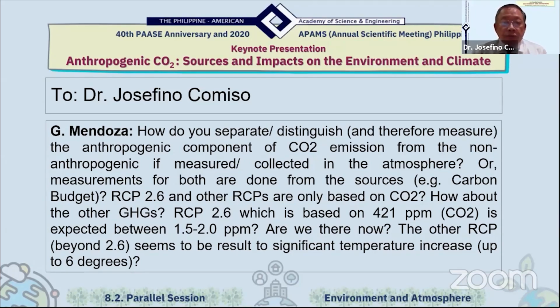Now the question is, are we there now? Do we have 421 ppm? It changes from one year to another. So when we wrote this review or this report, that was what we thought was the current value; it is probably higher now.